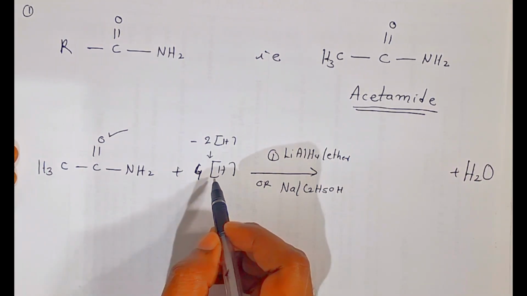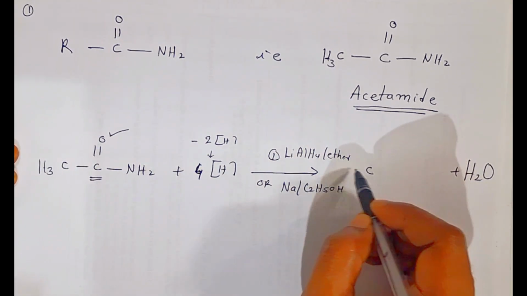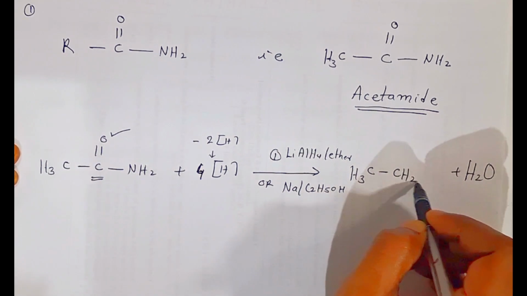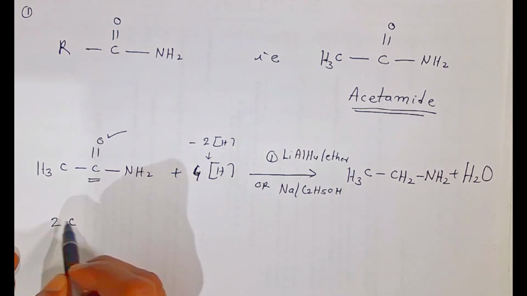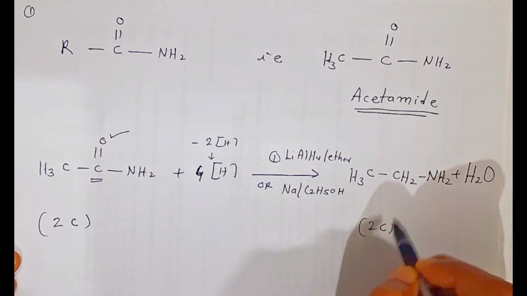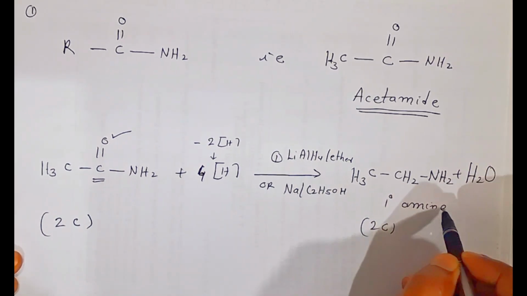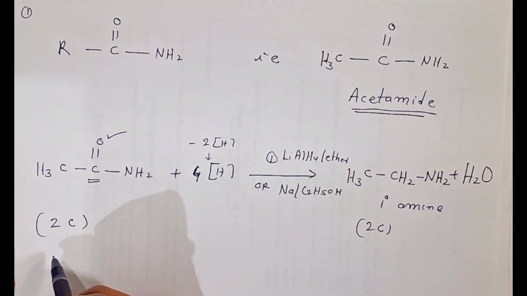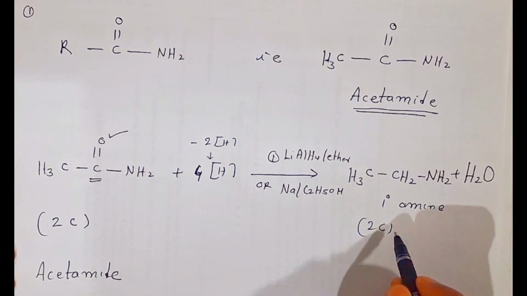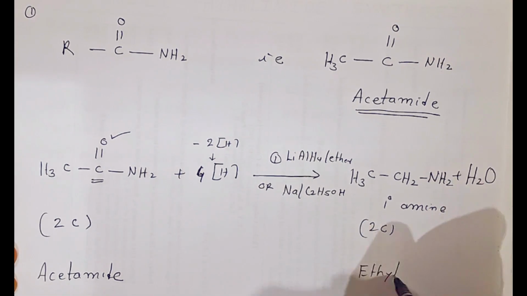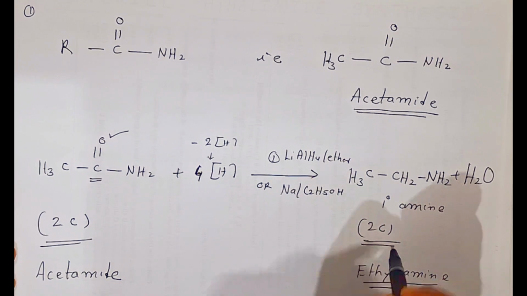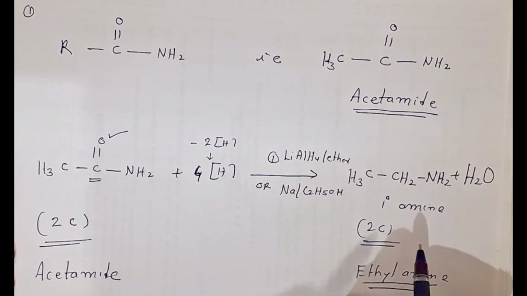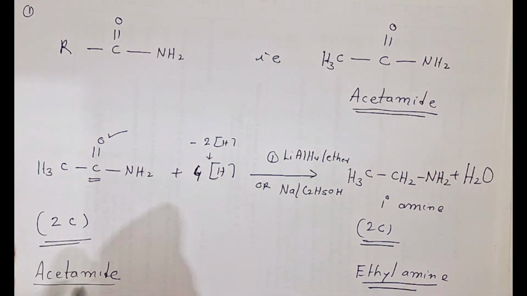The other 2 nascent hydrogens combine with this carbon and form CH2 and NH2. Here there are 2 carbons, and here also 2 carbons, a first degree amine. So acetamide is converted into ethylamine. Acetamide has 2 carbons and ethylamine has the same number. That is why a primary amine with the same number of carbon atoms is formed from acetamide.